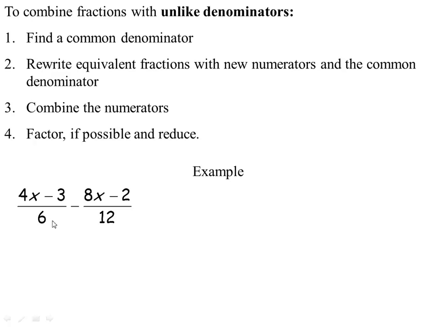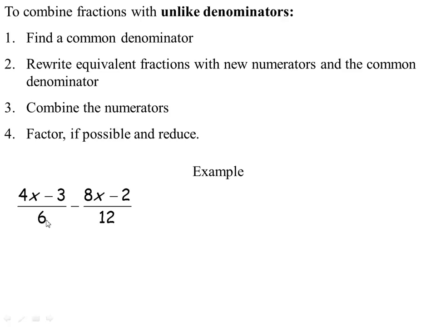So what we're going to have to do is figure out what is the least common multiple, or what is the least common denominator between 6 and 12. And before you say anything, I don't want you to embarrass yourself. Understand, your common denominator has to be a minimum of 12.